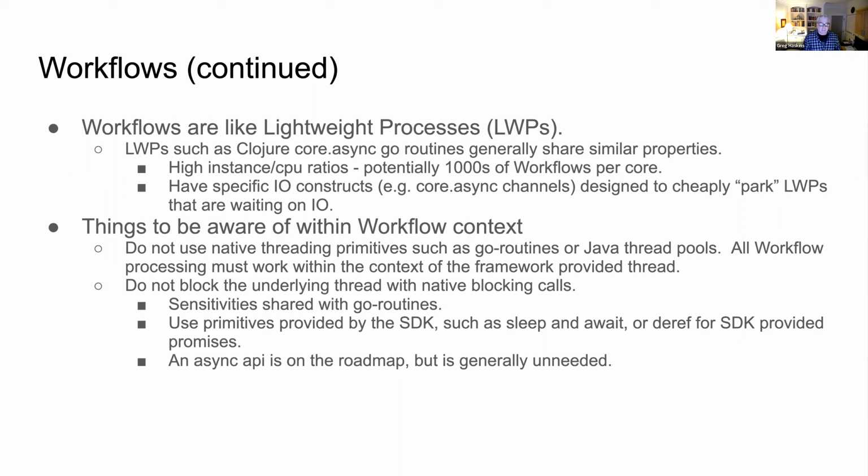But with IO centric lightweight processes, you can run a high ratio of instances to CPUs. That's the positive side, but you also need to be careful about your IO constructs, because most of those lightweight processes are predicated on controlling the IO in some way so that they can efficiently park or sleep. So with core async, you can wait on a channel very efficiently.